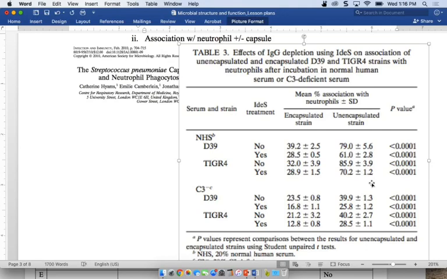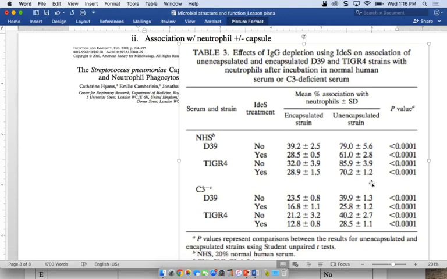Here's some data from a paper from probably the past 10 years, in which I really don't want you to focus on most of this. I really want to only focus on one piece. The lab doing this project was looking at two different strains of Streptococcus pneumoniae, called D39 and Tiger 4.